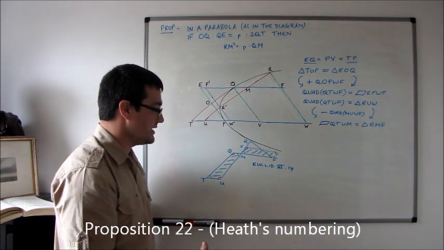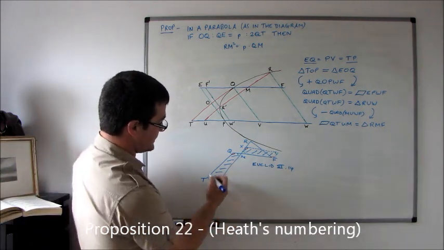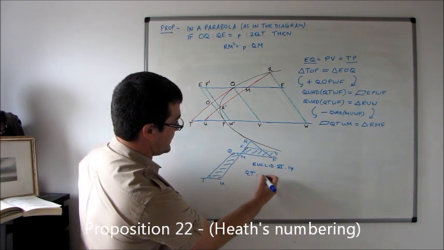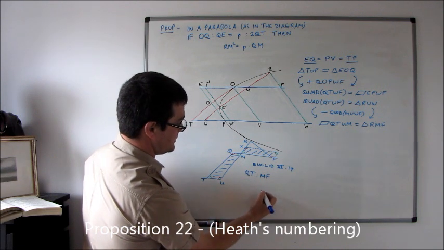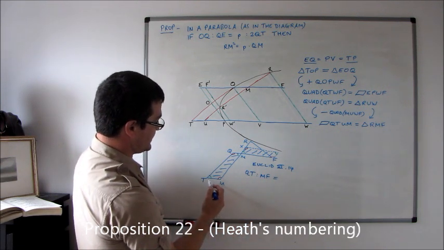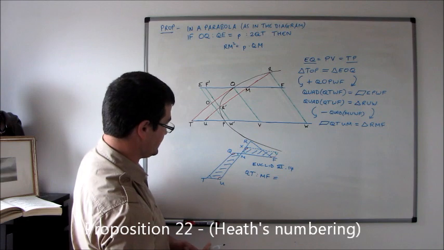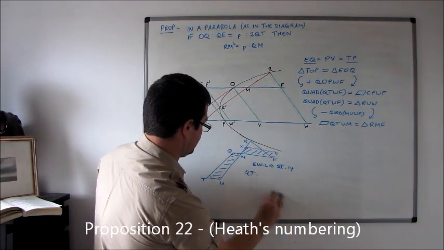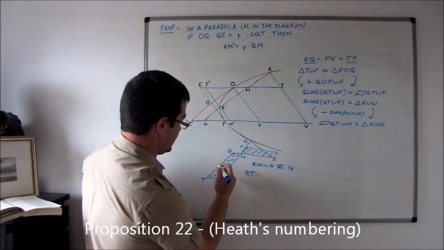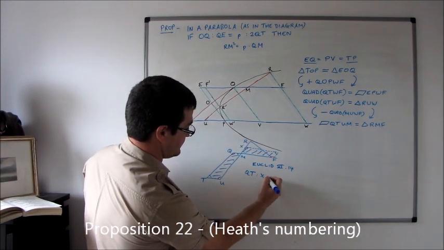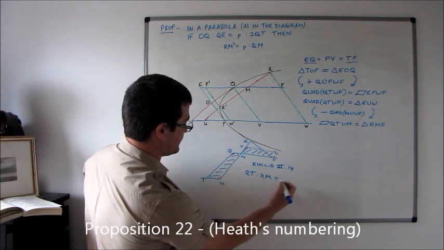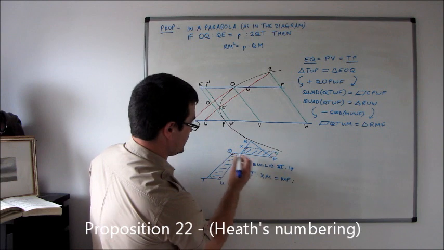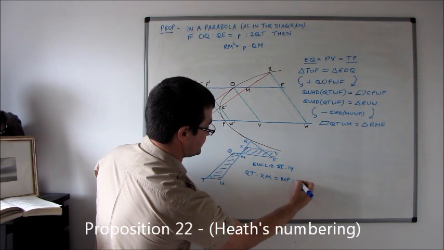I can't remember the exact statement, but it means that the ratio of QT to XM, sorry, is equal to the ratio of MF to QM, or MQ.